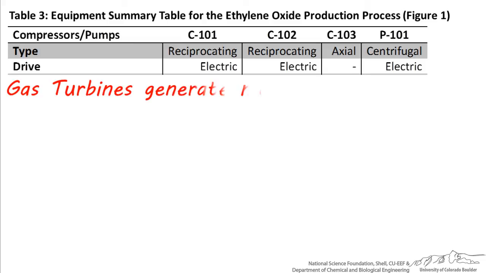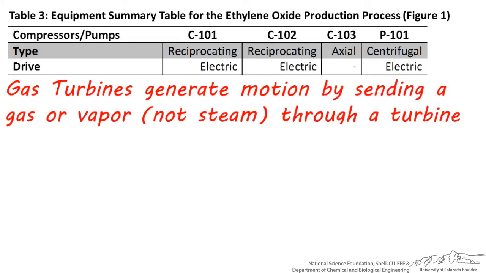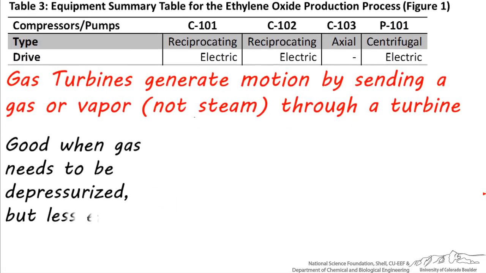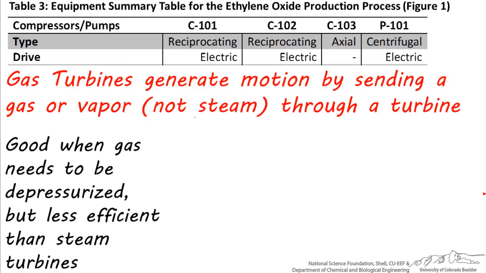Gas turbines differ from steam turbines in that instead of sending steam through the expander, some other gas or vapor is used. The disadvantage with gas turbines is that they tend to be very inefficient and expensive, but they may pay for themselves in the case where a high flow rate gas stream would need to be depressurized anyway. In this case, if enough power is generated, gas turbines are well worth the initial and ongoing cost.